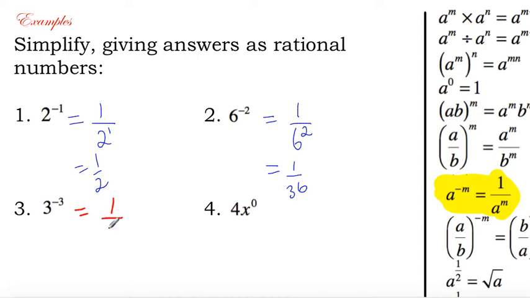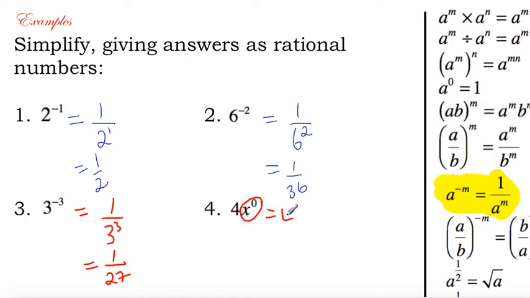Put it over 1 first. Write the base the same and just make the exponent positive. That we can do in our head. It's 1 over 3 cubed, remember, means 3 times 3 times 3. So that's 27. Done.